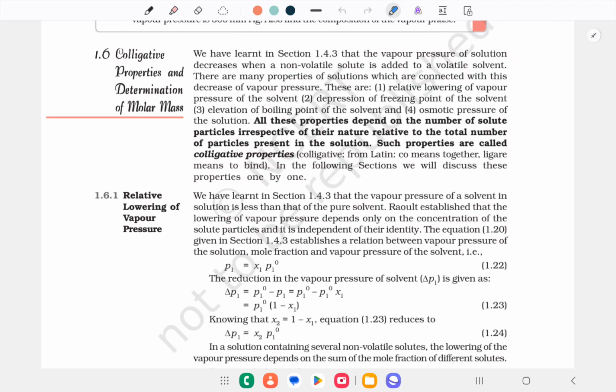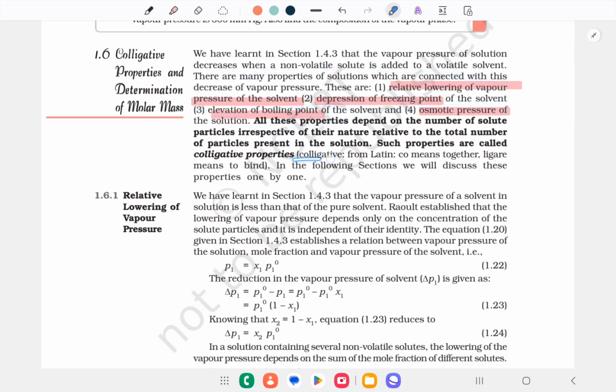In the NCERT we have basically started the colligative properties and how to find the molar mass in this video. There are 4: relative lowering of vapor pressure, depression of freezing point, elevation of boiling point, and osmotic pressure. The first 3 are completed in this video and we'll complete osmotic pressure in the next part.